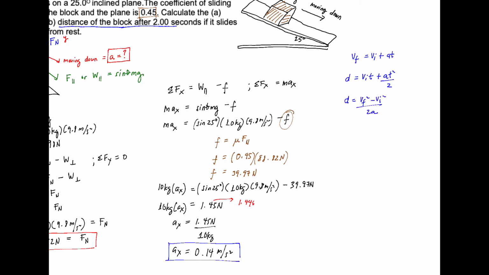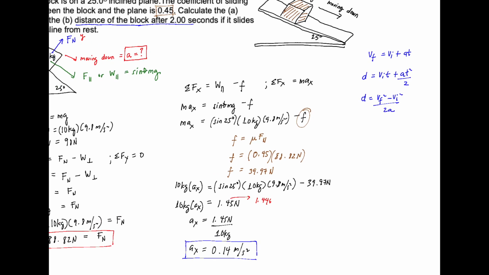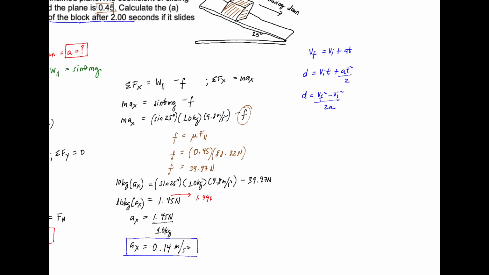For the first question, we calculate the velocity. The best equation here would be equation 2, vf equals vi plus at.